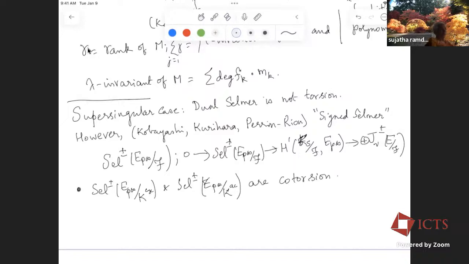So in other words, you have this bunch of cotorsion modules, and then of course you have the usual Selmer, which we know is not cotorsion, but I can study its torsion part. This is not cotorsion, but we will be interested in its torsion part. For the torsion part, you can still define the mu invariant.